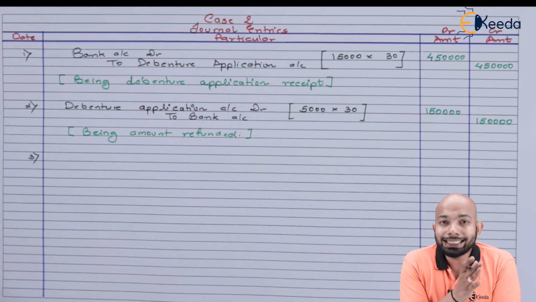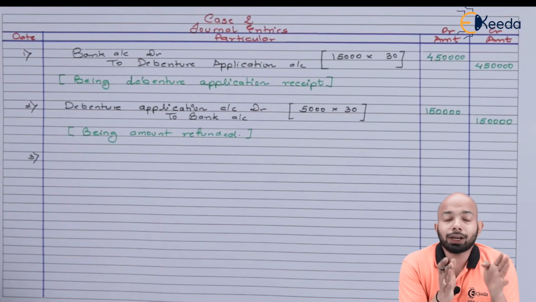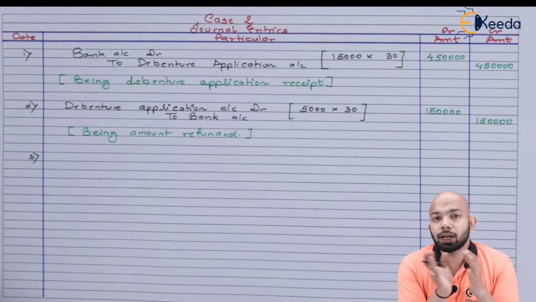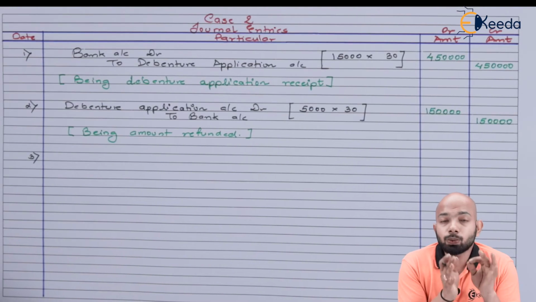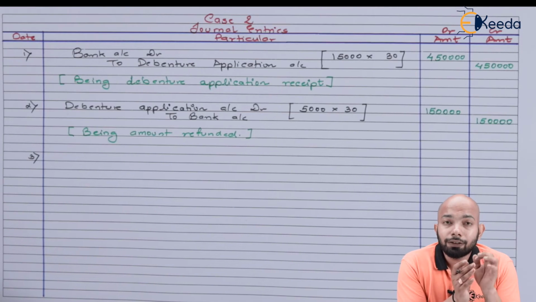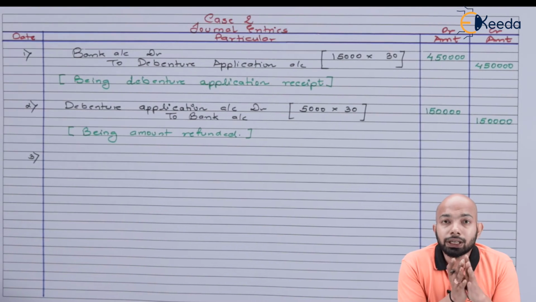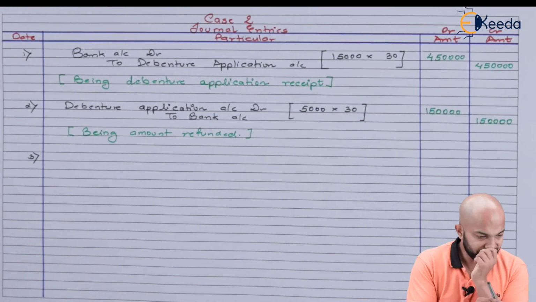Now, the next entry will refer to the debenture application money being transferred to the debenture capital account. So let's move that, and the balance will be adjusted in the allotment money, because as you see, 5,000 were rejected, and the rest were taken into consideration here as per pro rata allotment.